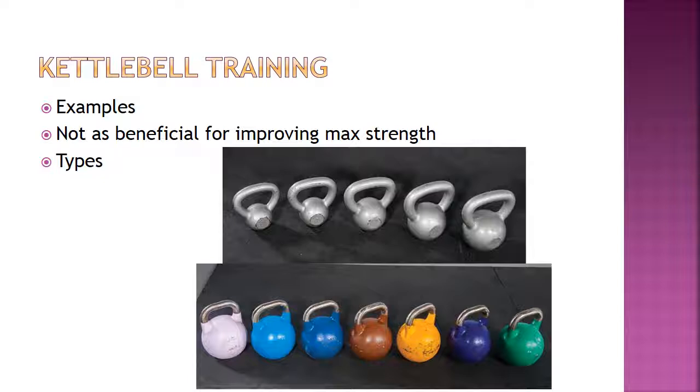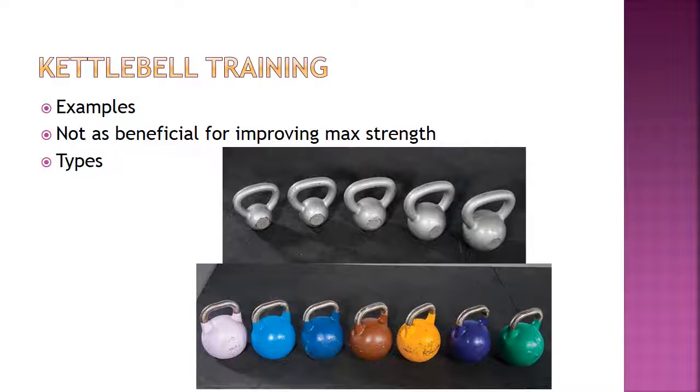Another consideration with kettlebells is the grip. So, your textbook talks about how with cast iron kettlebells, the handle diameter changes slightly as the weight increases. So as the weight gets bigger, the kettlebell handle also gets bigger. So the smaller kettlebells will have a smaller handle.